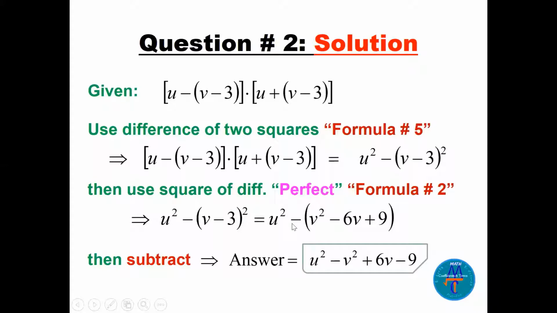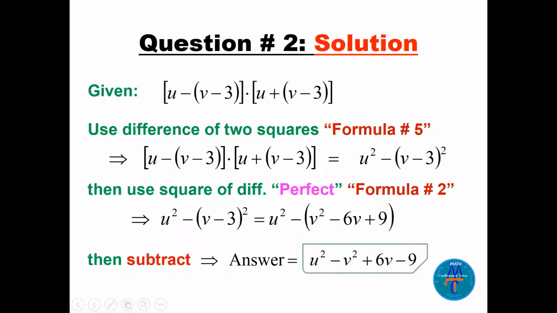Then you put the minus outside, so you change all the signs. The final answer is U squared minus V squared plus 6V minus 9. That's the answer for question number 2.